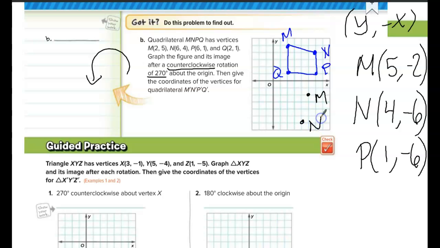This is N. P is 1, 6. And Q should be Y is 1, comma, opposite X. So then I'd go over 1, down 1, 2.